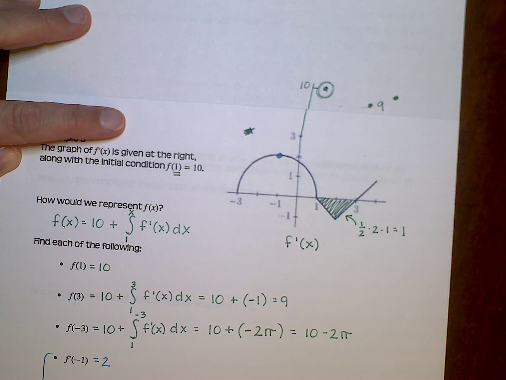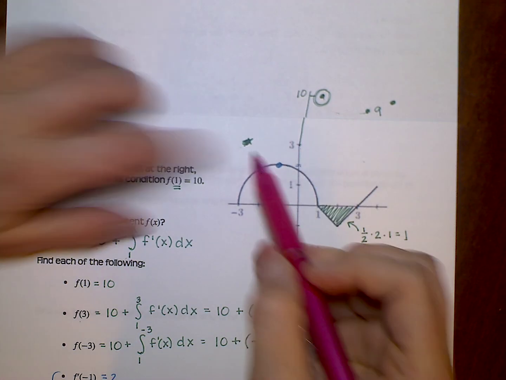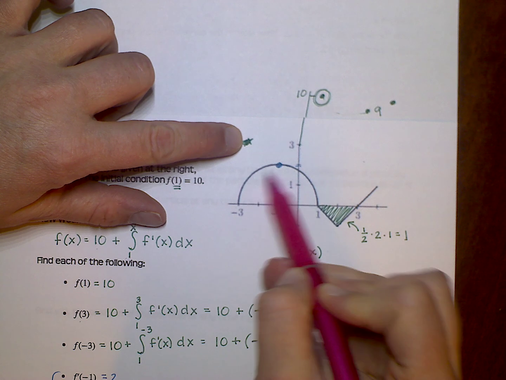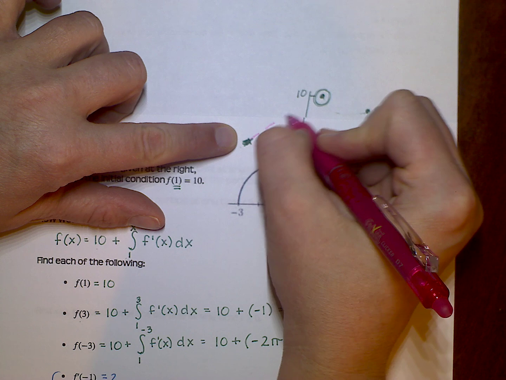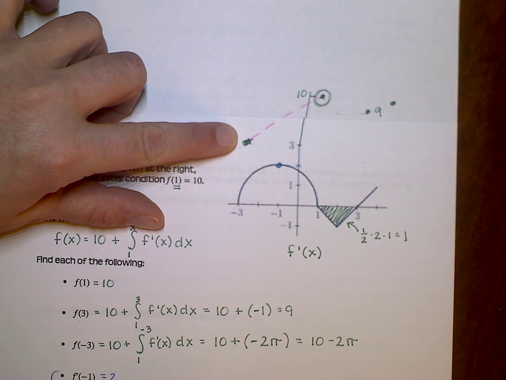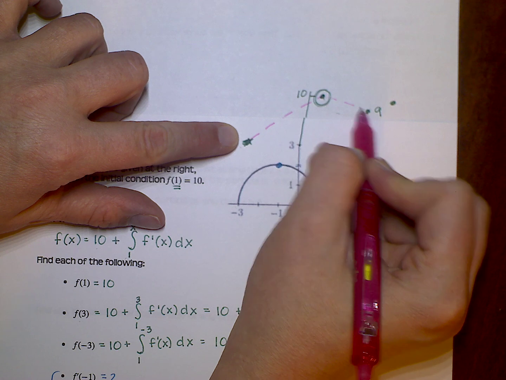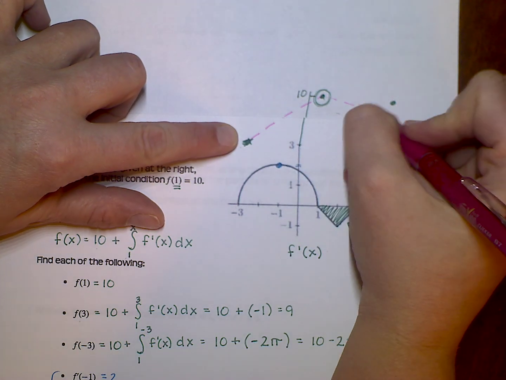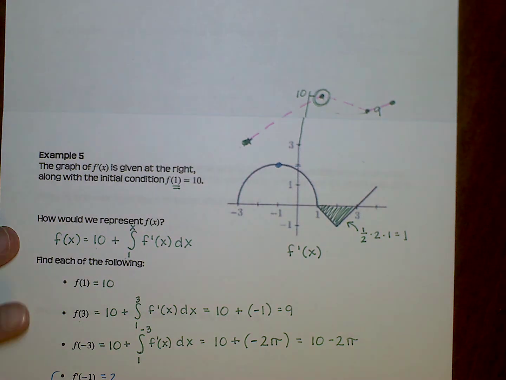So again, I don't want to assume that these are all just perfect straight lines, but if you picture this, if I'm here and all of this is positive area, that means I'm increasing up to that 10. And then this is negative area, so I'm decreasing down to that 9. And then I'm increasing again, okay? So make sure that checks out with you as far as where your mins and maxes are.